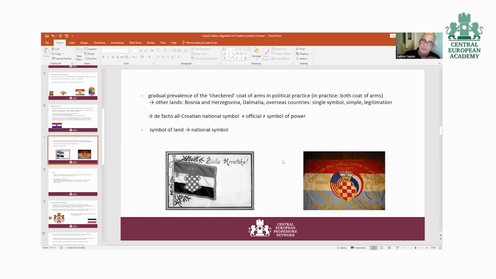This has not become an official symbol or symbol of power, but through its use in the other lands of the Austro-Hungarian monarchy, not just in Croatia, Slavonia, and Bosnia, but by the Croatian population of Bosnia and Herzegovina, Dalmatia, and overseas countries, it became a national symbol.